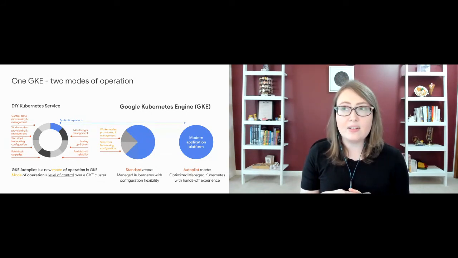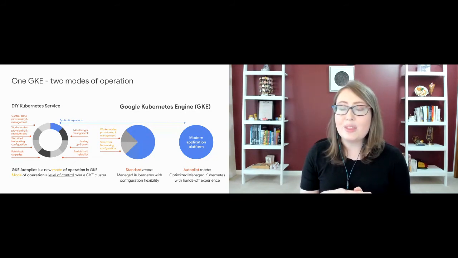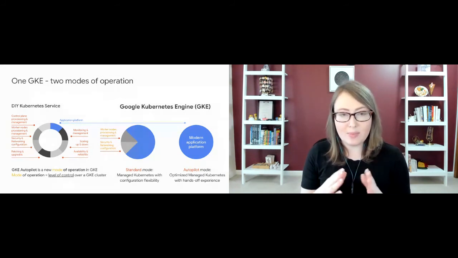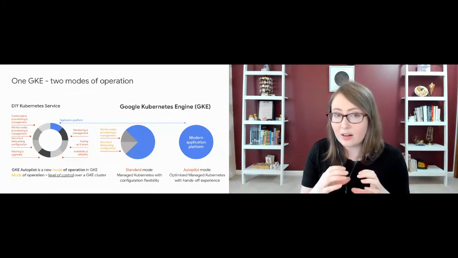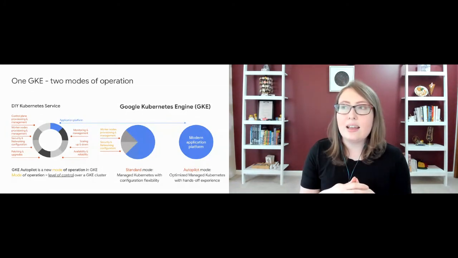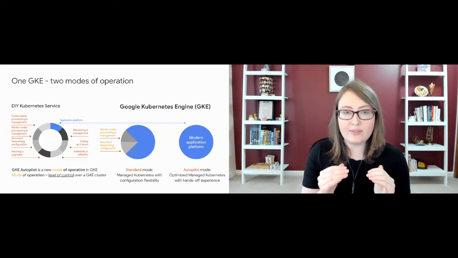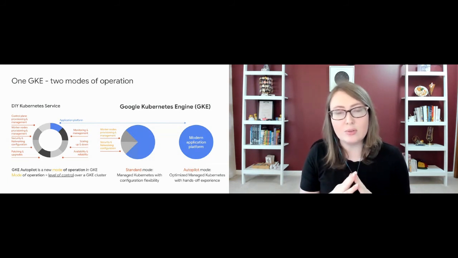We take care of a lot of the challenges around upgrading the cluster. But there's still some things you have to worry about, like patching and upgrading and making sure that your compute nodes that you're going to be running your containers on are secure, and worker node provisioning and management. So in a GKE standard mode cluster, you still have to pick what machine types, virtual machine instance types in Google Cloud you're going to be running.